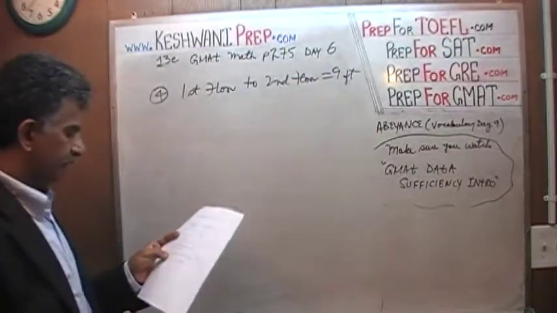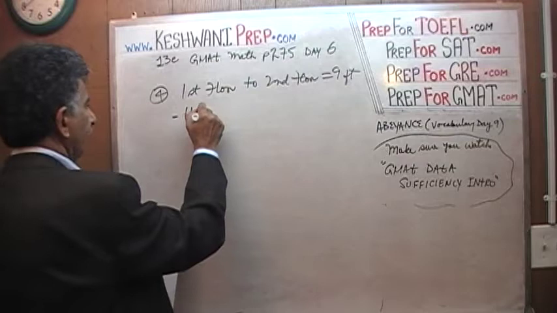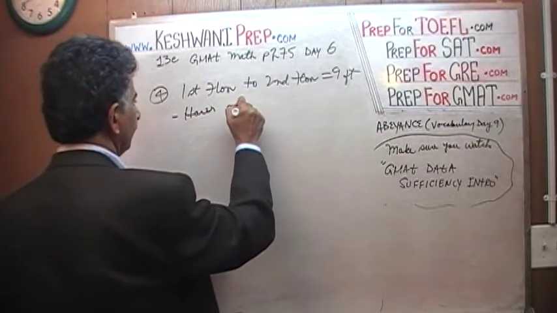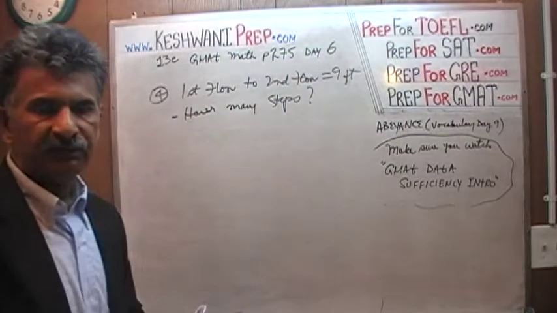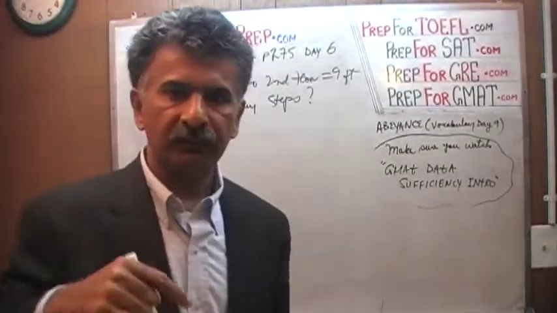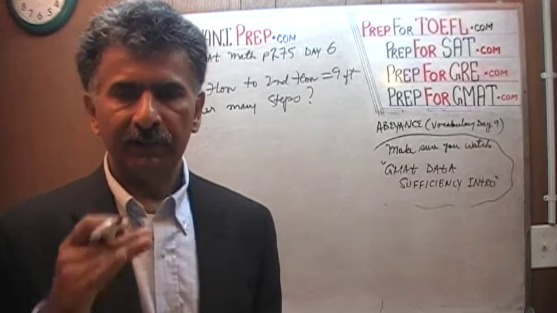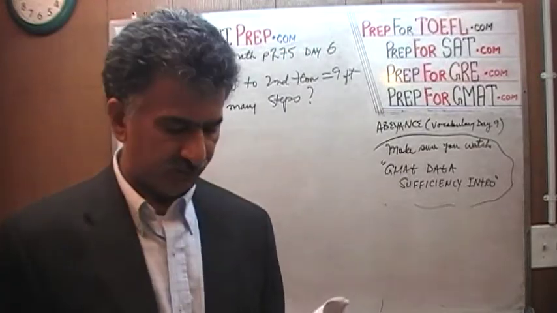The question simply is, how many steps are going to be in the stairs to go from the first floor to second floor if the difference between their height is 9 feet?